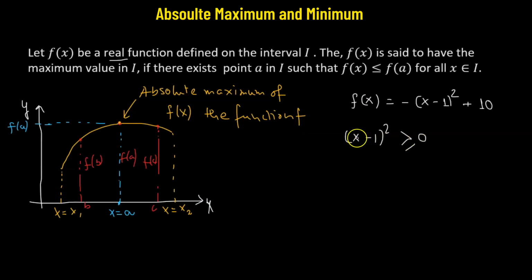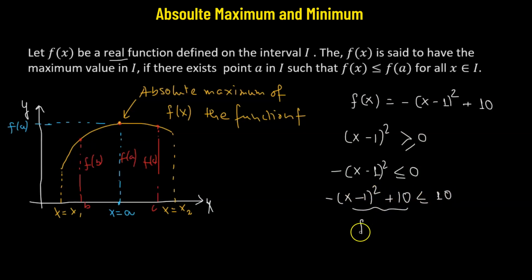Even if we choose x to be a negative number, by squaring it, it is always going to give us a positive number which will be greater than or equal to 0. Now if we multiply with negative 1, then the sign will flip. Now we're going to add 10 to both sides. So we have negative (x minus 1) whole squared plus 10 is less than or equal to 10. This is our function f of x, which is less than or equal to 10.